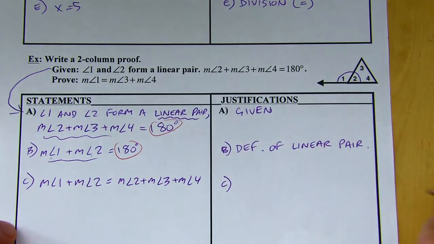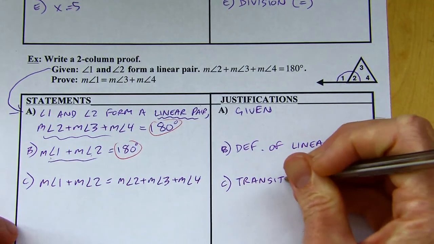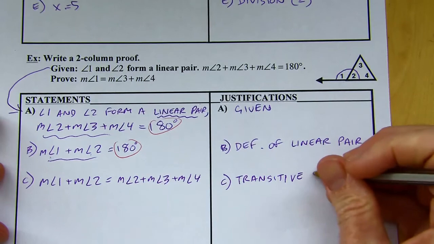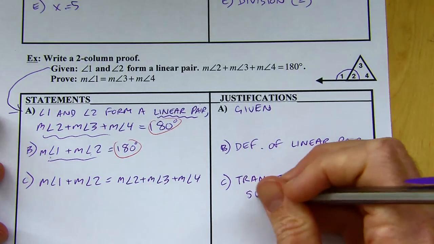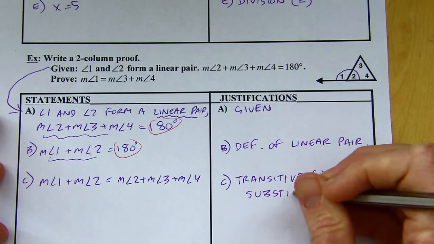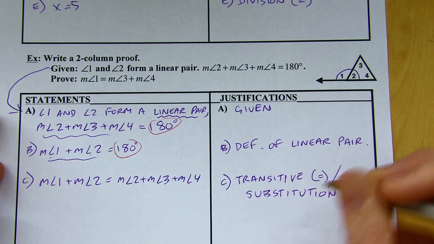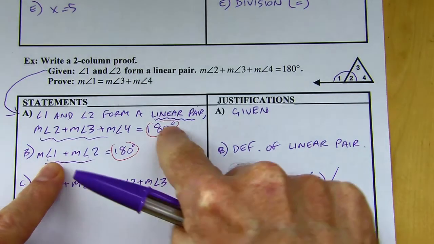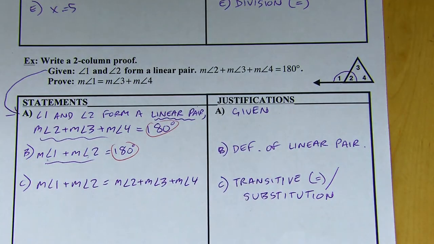So that's going to be the transitive property again, and these are all equations here, right? So the transitive property of equality, or you could say substitution would work as well. Once one of them is equal to 180, you can substitute, like I could put the angle 1 plus angle 2 right there in for the 180, and then I got this equation. So you don't need both of those, either one works though.